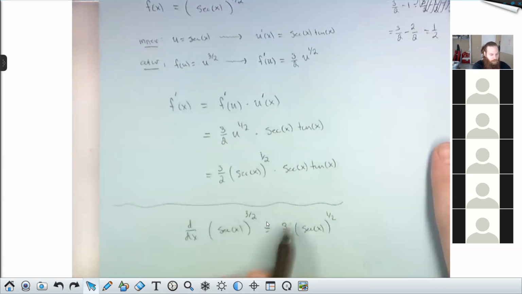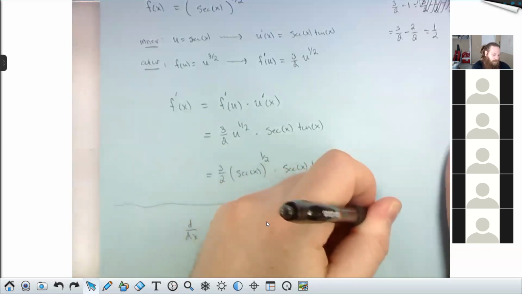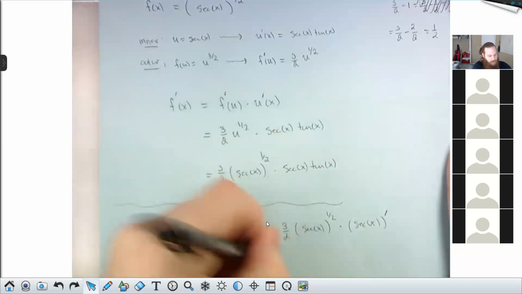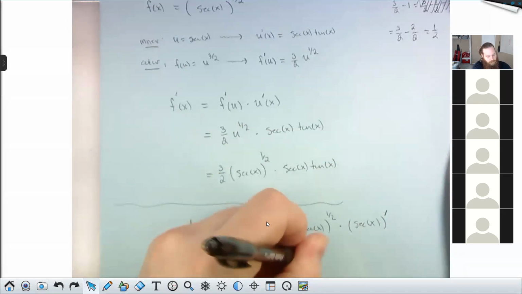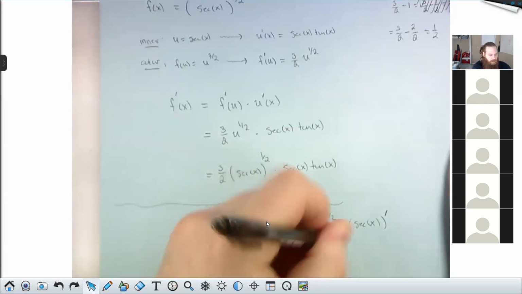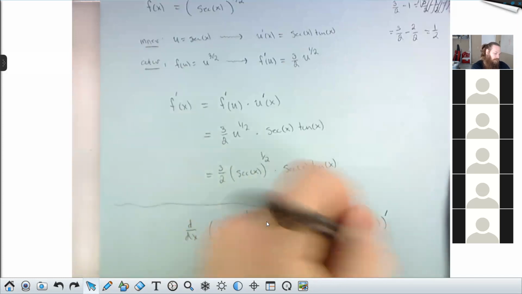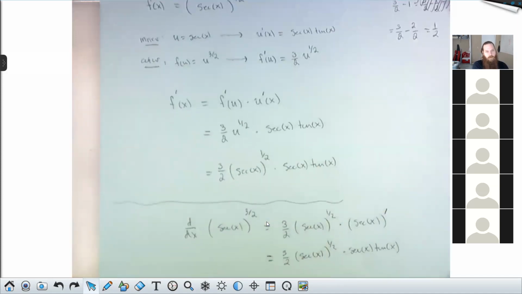Differentiating the 3 halves power, I bring the power down, subtract 1 from the power, and then I multiply by the derivative of the inside. And I would write it out like this first, and then go ahead and compute the inner derivative. And we get the exact same thing, just done much more quickly.